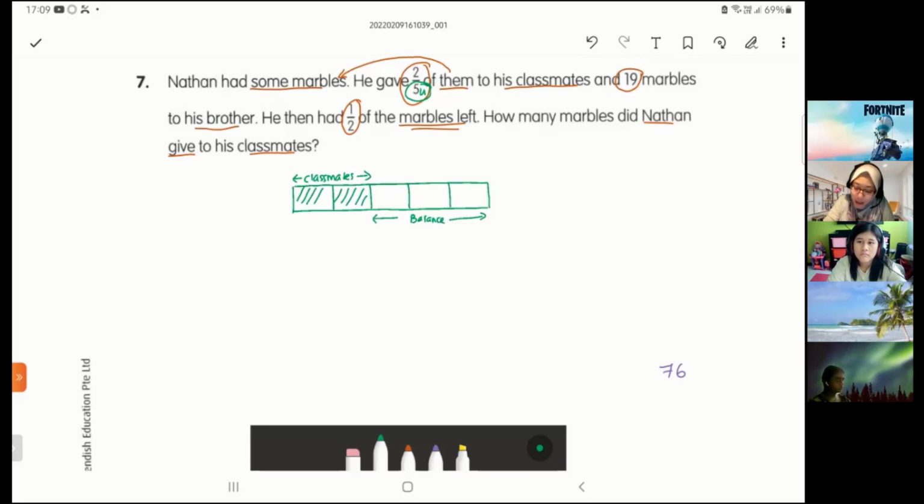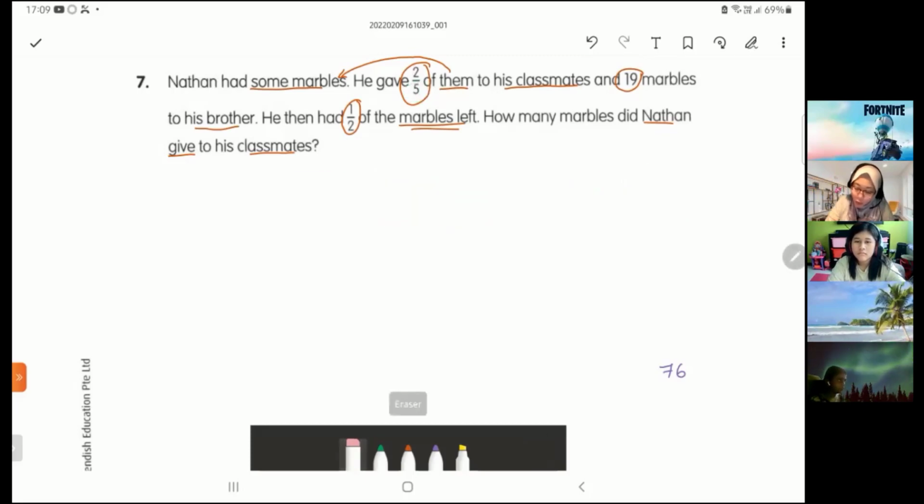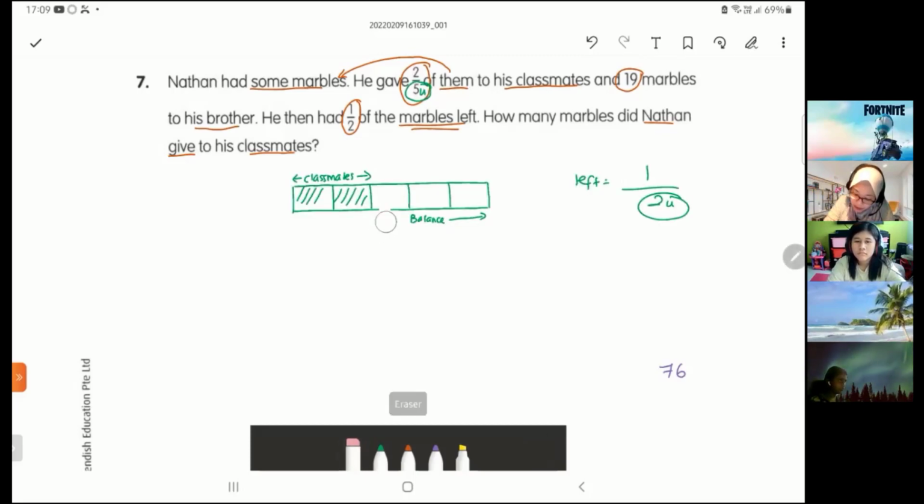Because I want 1/2, which means the leftover is out of 2 units. But if you look at the model here, I don't have 2 units. What I have is 3 units, including the 19 marbles. I have not taken away the 19 marbles yet. So I don't put the balance there like this first. Okay.